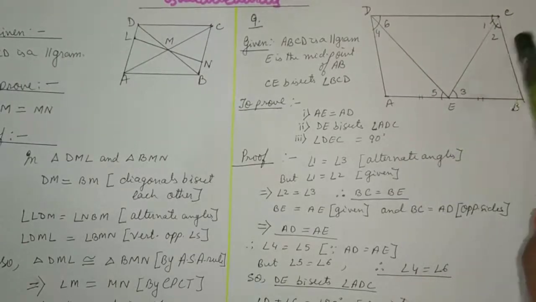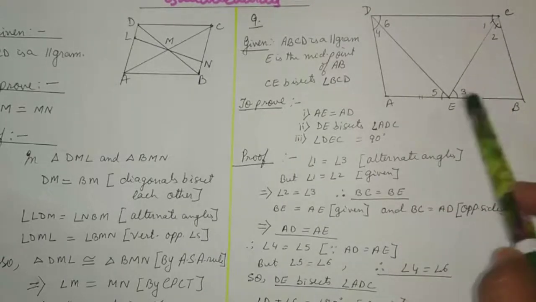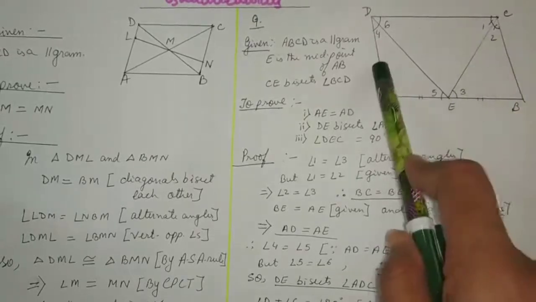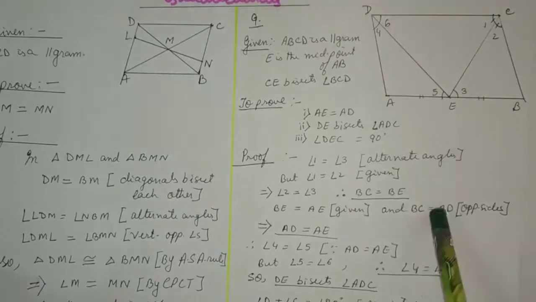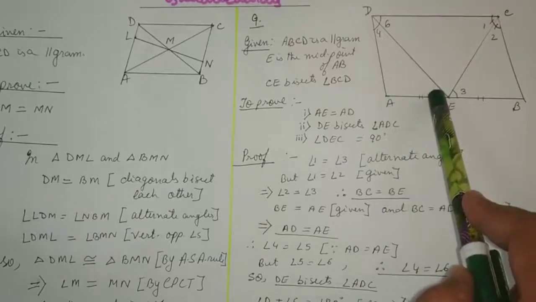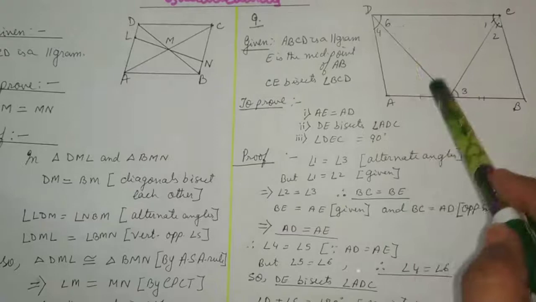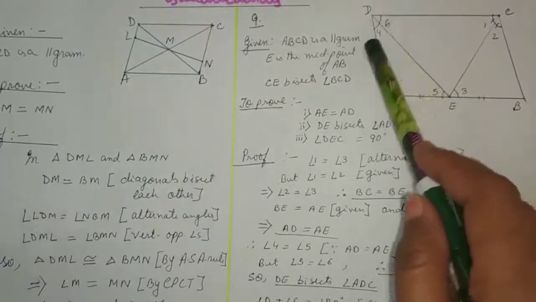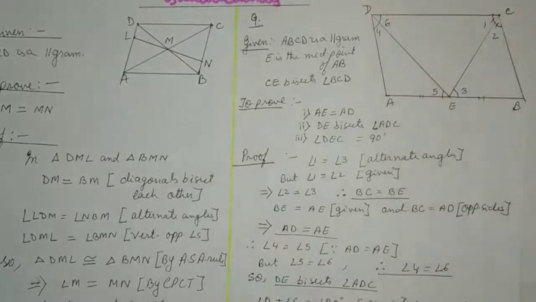In this triangle, these two sides are equal and these two sides are equal, so instead of this we write this, so these two sides are equal, hence proved. Now, when these two sides are equal, it implies that 4 and 5 are equal, but 6 and 5 are alternate, so they are equal, thus 4 and 6 are equal, so DE bisects angle ADC.